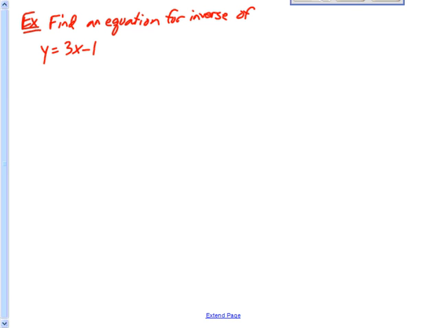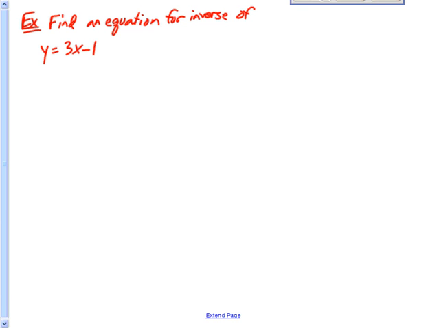Now remember, the old inputs, in other words your x values, will become your y values, and your old y values or outputs become the inputs for your inverse relation.